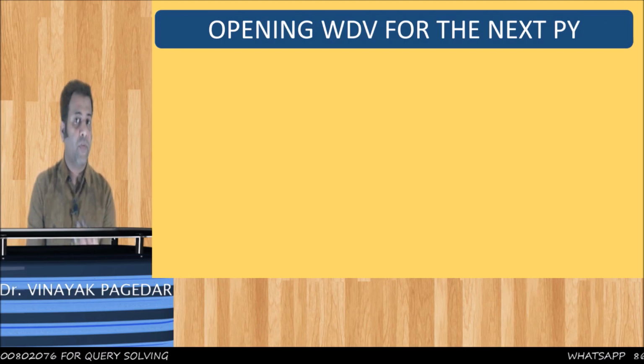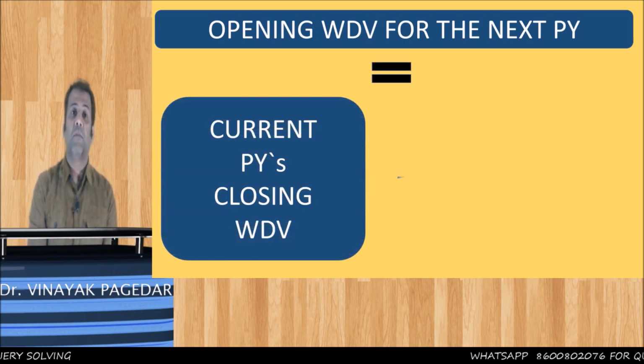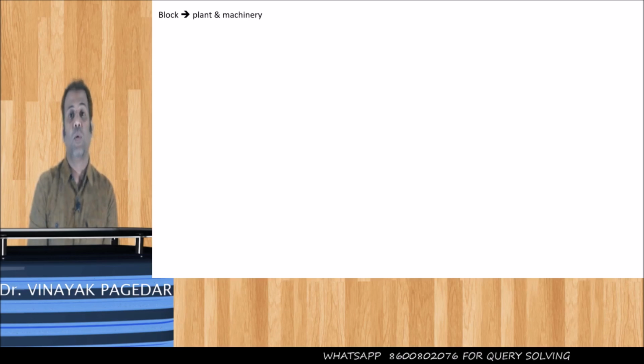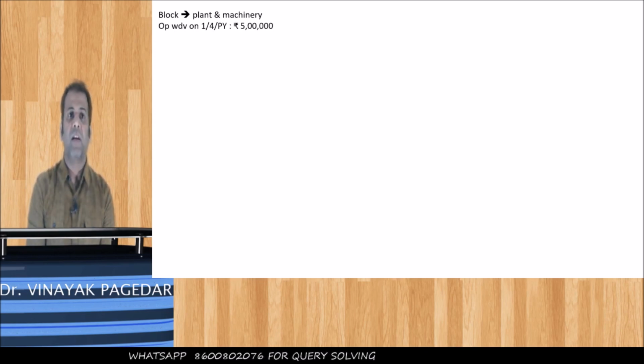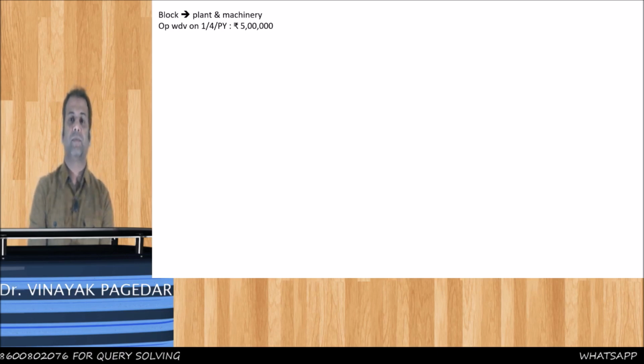Opening WDV for the next year will be closing WDV for the current year minus the current PY's depreciation. And now let's go with an example. The example is, I've got a block of plant and machinery. I'm taking a 15% depreciation block. The block of plant and machinery carrying depreciation at the rate of 15%.